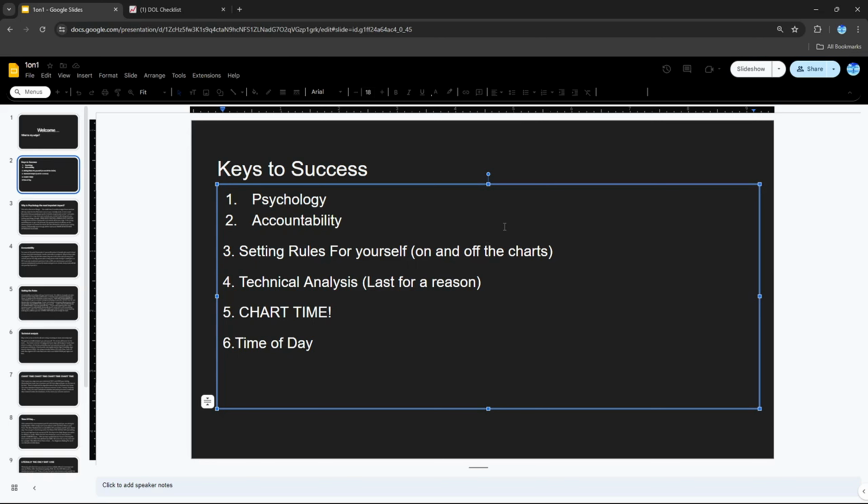And even then, before you hop on the chart, you've kind of built up some confidence, accomplished some goals in the morning, like made your bed, even if it's just brushing your teeth, getting some food in you, doing a couple push-ups or whatever. Whatever it is, right? Just setting rules for yourself to do and then holding yourself accountable on and off the chart is the most important thing, because the more you can hold yourself to a set of rules, and I know it's boring.